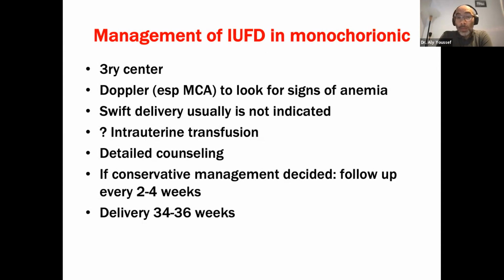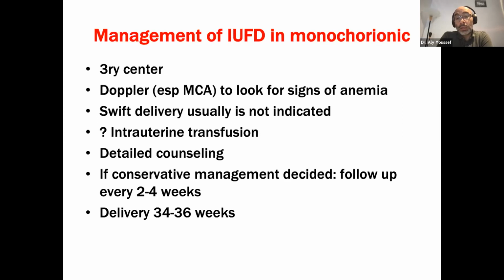The couple have to know that in case of a death of one of the co-twins, the other has a high risk of having brain damage, and that expedited and swift delivery usually is not indicated, because once the other baby is dead, the damage has already happened.